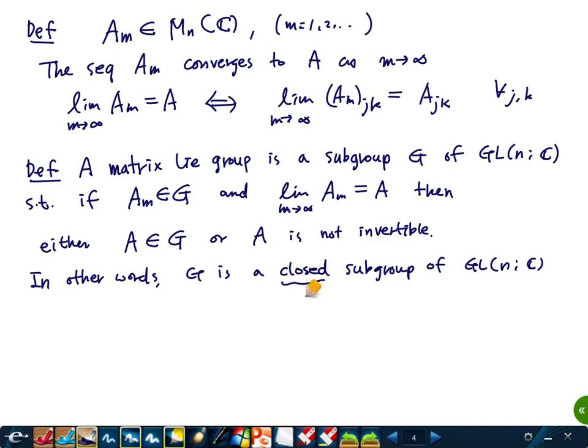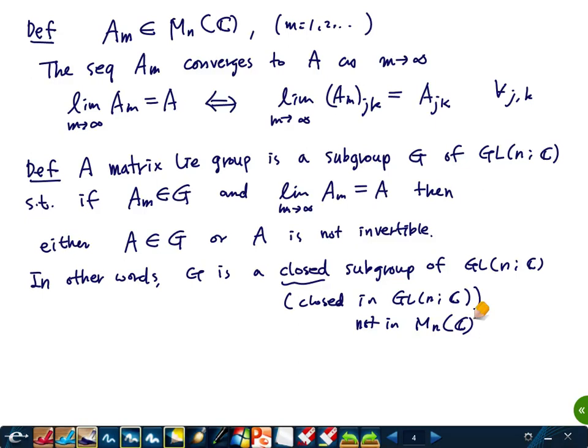This means closed inside here, not in M_n, the whole space.